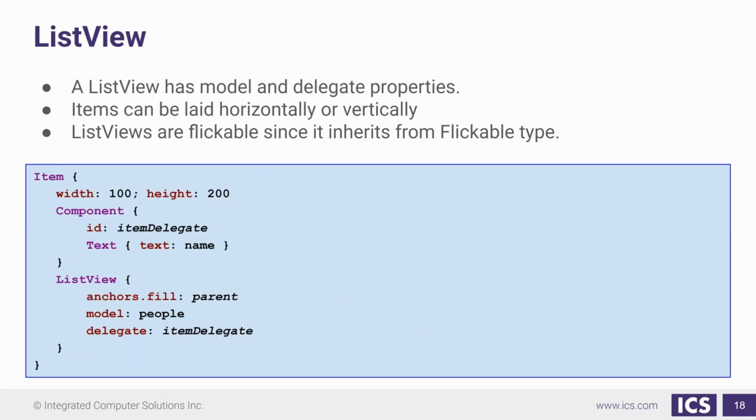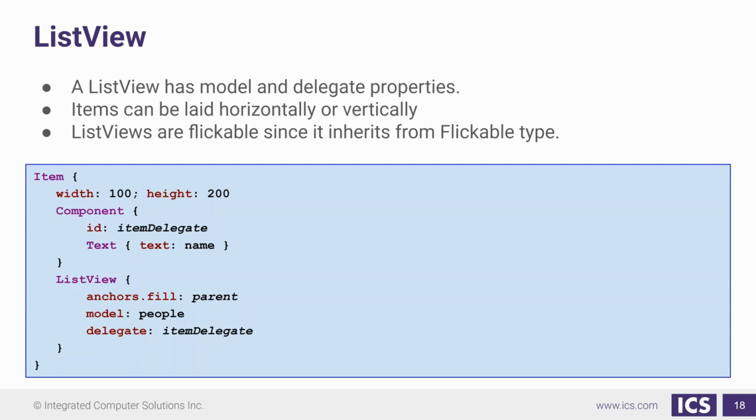Now, the first thing we're going to look at here is going to be the list view, which we kind of looked at a little bit earlier when we did the column. It's very similar to that. The main difference between the views and the repeaters is that the repeater by default is going to load the entire model into memory, whether it's displayed on screen or not. And the views are generally going to swap those out for what's being displayed.